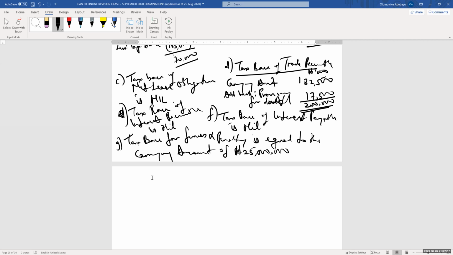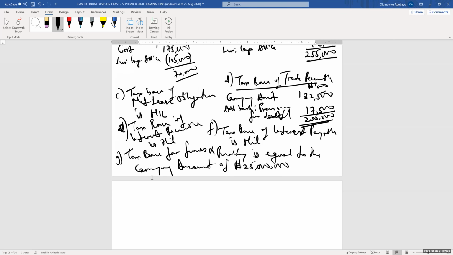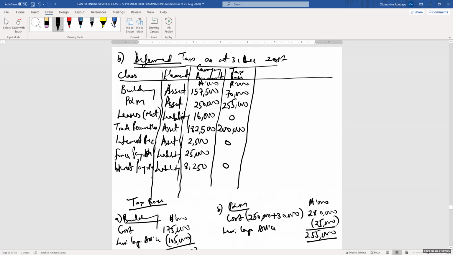And we're going to see it in the definition of the tax base of an asset and liability. Invariably here, because there won't be temporary difference, the only reason why there won't be temporary difference is when the tax base and the carrying amount are the same. And they are the same because there's no temporary difference. Rather, the difference that exists is a permanent difference.